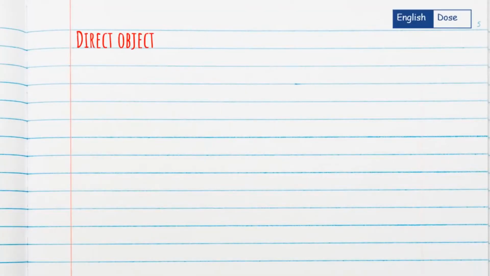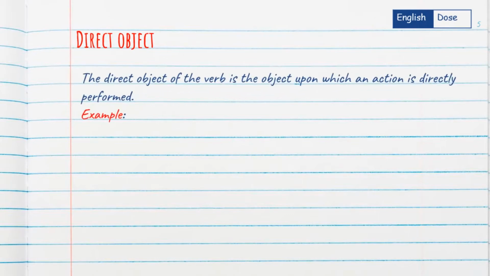Next, direct object. The direct object of the verb is the object upon which an action is directly performed. What is direct object? The receiver of action is called the direct object, upon whom the action is directed.